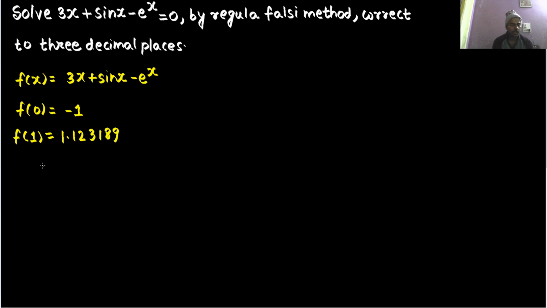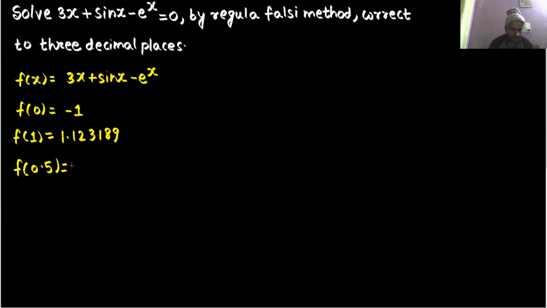So in order to do so, let's check the value at 0.5. The value at 0.5 will be 3 times 0.5 plus sin of 0.5 minus e power 0.5.